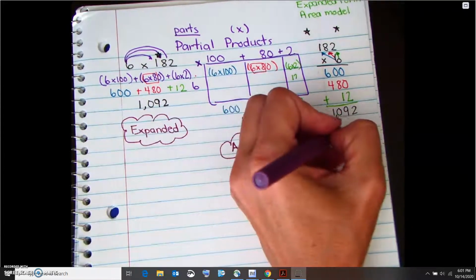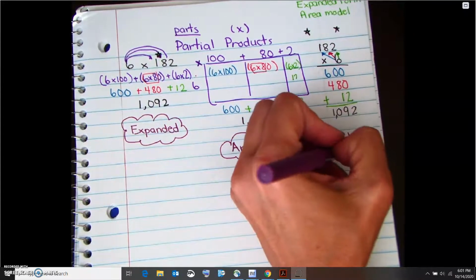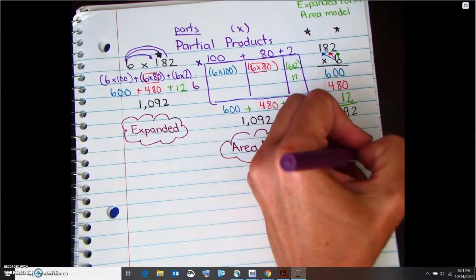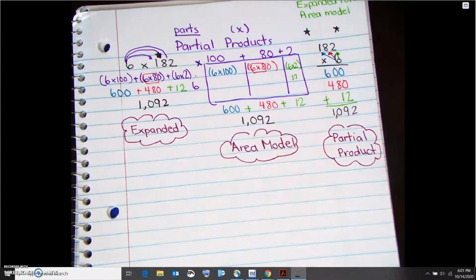And this one is partial product. They all show you the same answer, just a different way of getting there.